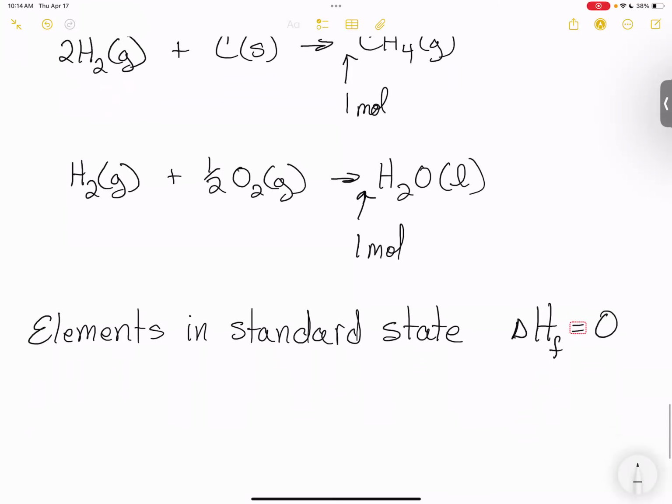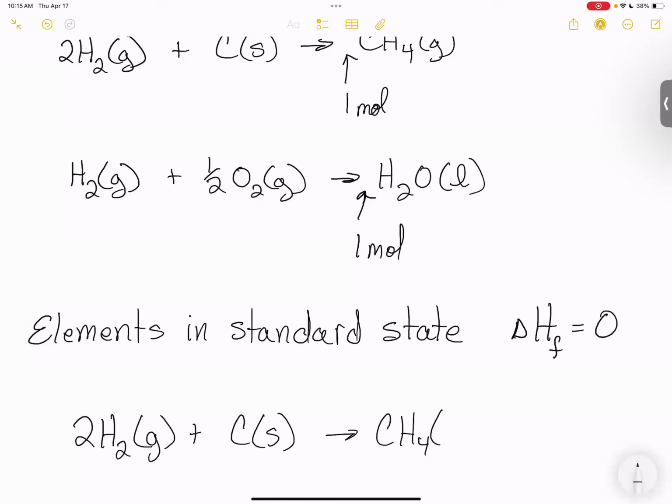So when I made that 2H2 gas plus carbon solid going to make methane gas, if I look up the delta H for methane, the delta H of methane is negative 74.8 kilojoules per mole.